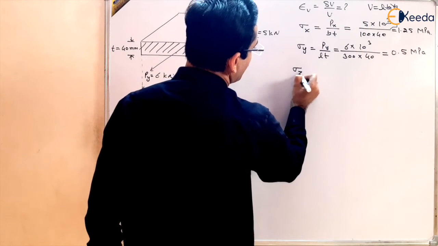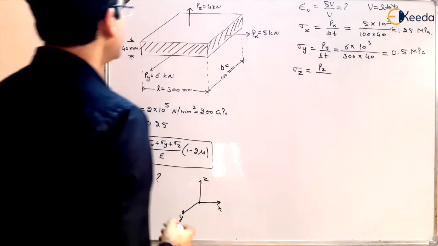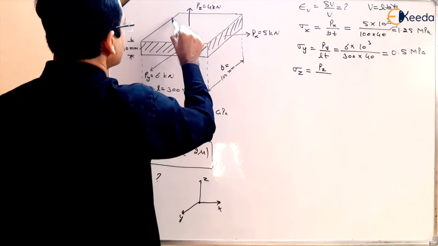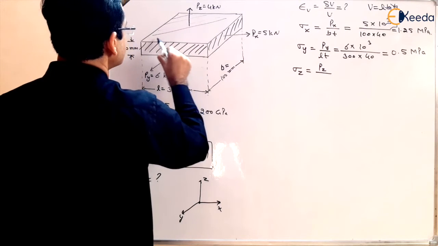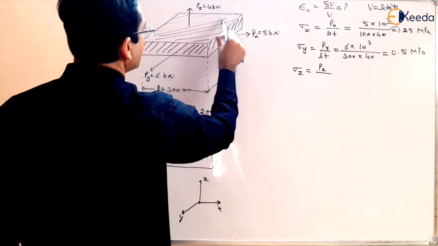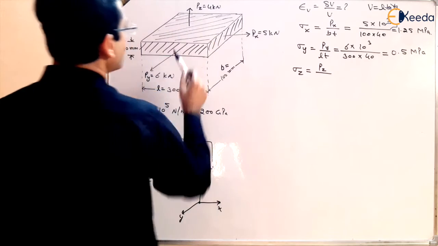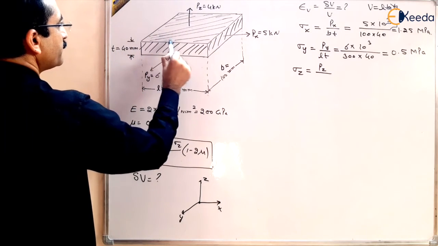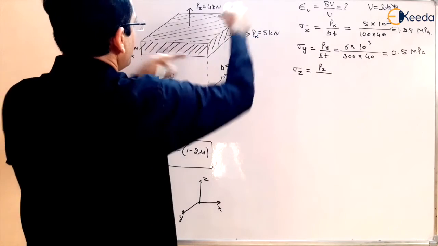Similarly, we can find out sigma z, that is equal to force in z direction divided by area. Which area? This area at which the force is acting. This area is the effective area at which this force is acting, and what is this area? L multiplied by B. So LB, right?